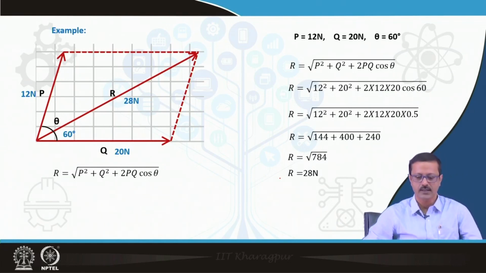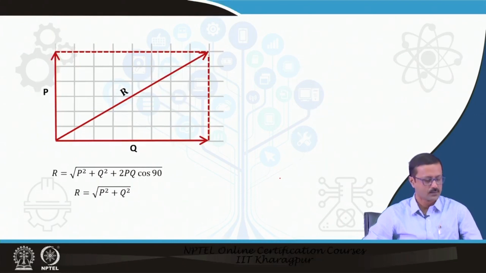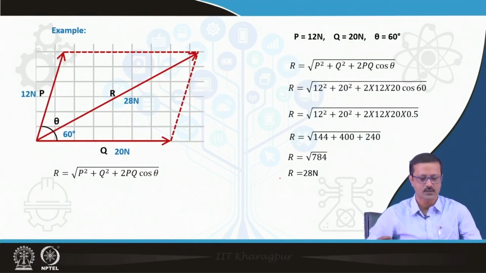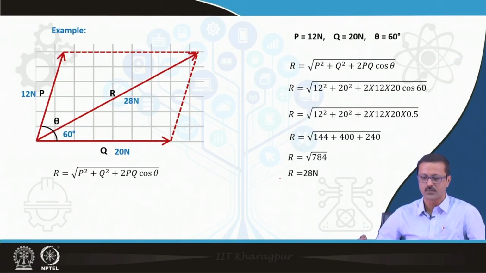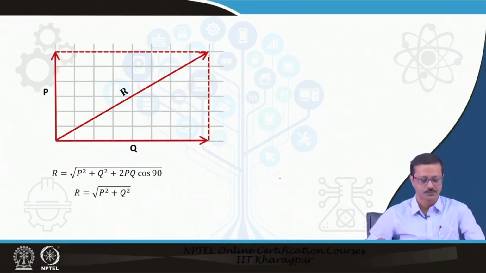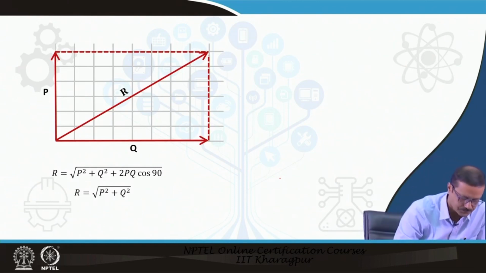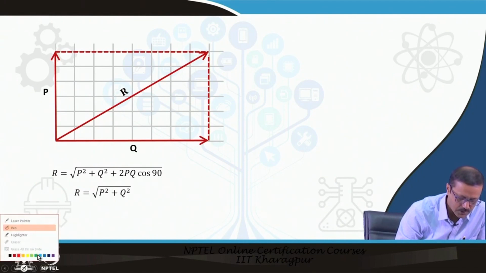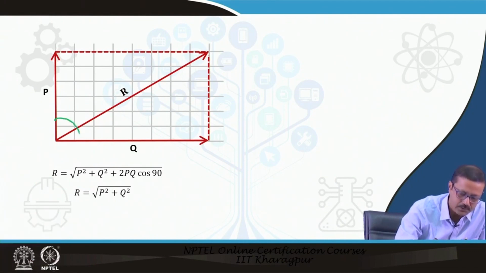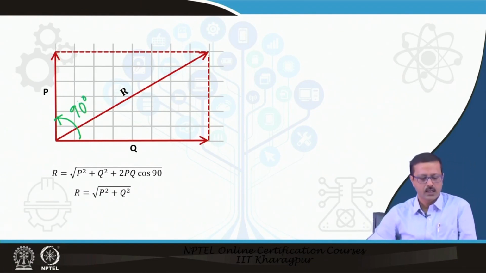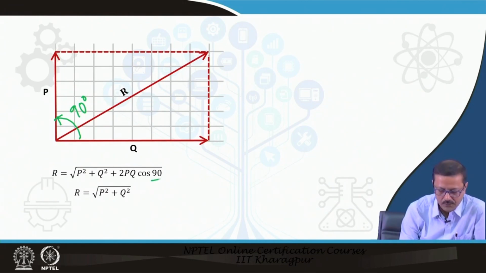We can also find the angle of the resultant by some formulas. Now, if these two forces are perpendicular, the angle between P and Q is 90 degrees, so theta becomes 90 degrees.